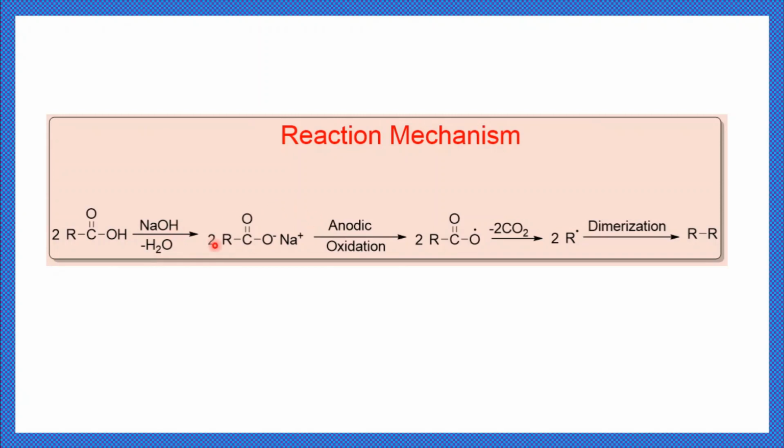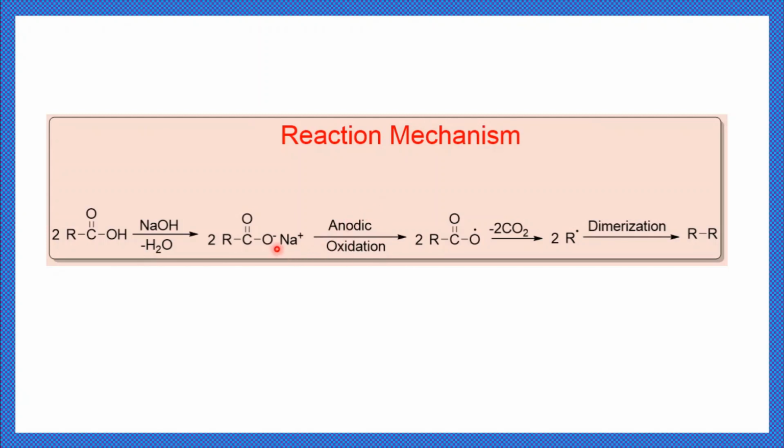And you will get this salt of carboxylic acid. Now once you get the salt of carboxylic acid, anodic oxidation takes place.